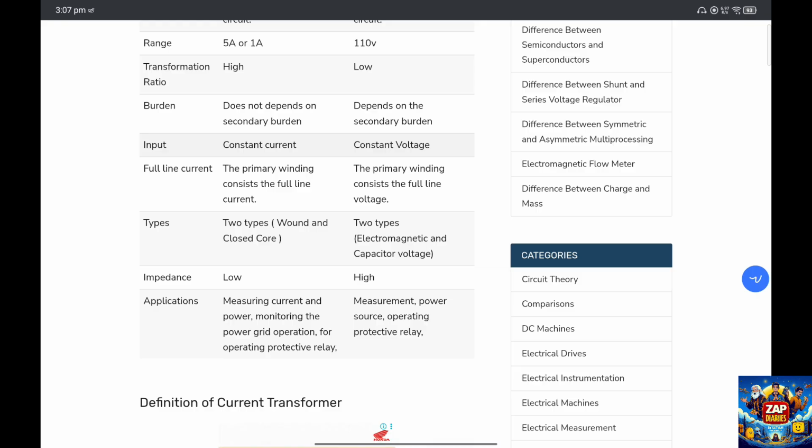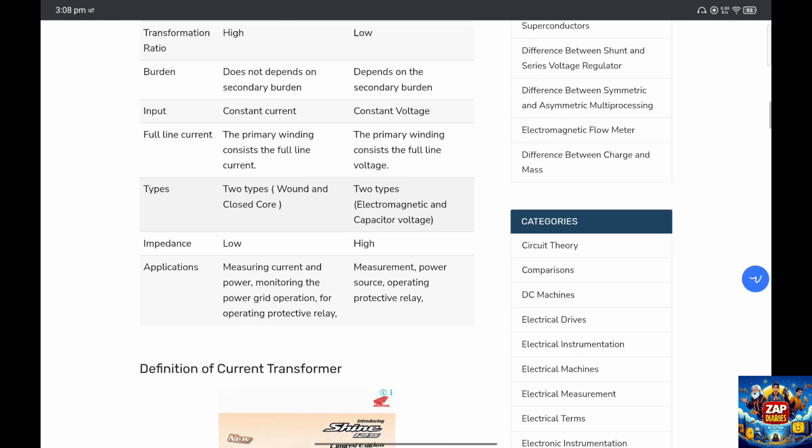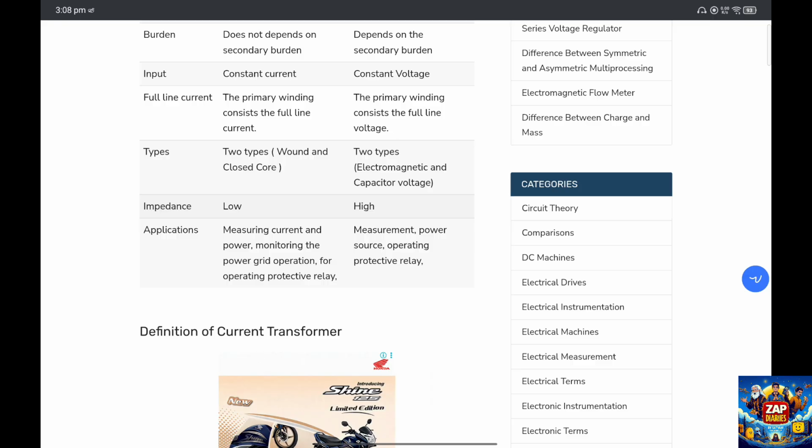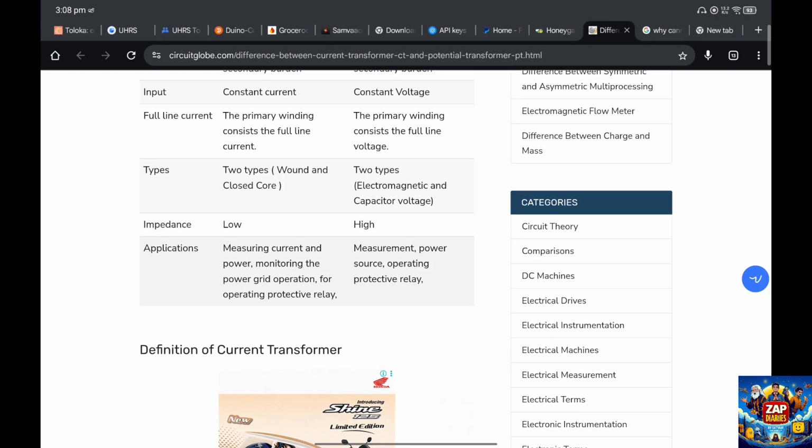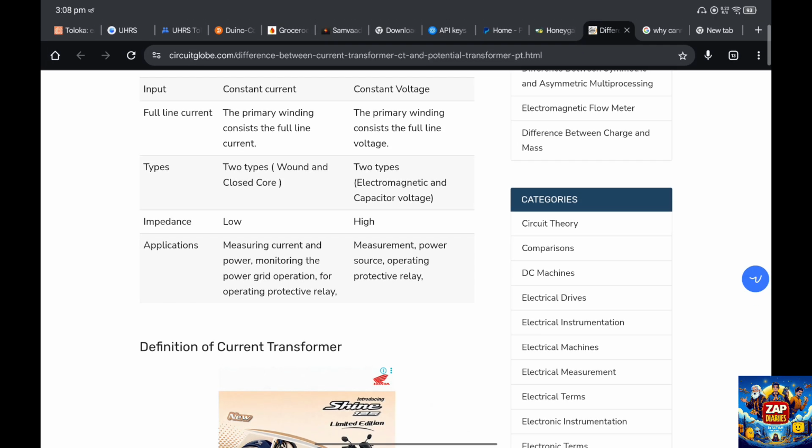Those are current transformers as well, and these are basically used in the SMPS of a computer CPU or an inverter system. In the case of PT, there are two types: the electromagnetic and capacitor voltage type. And here you have the impedance: CT has low impedance and PT has high impedance.